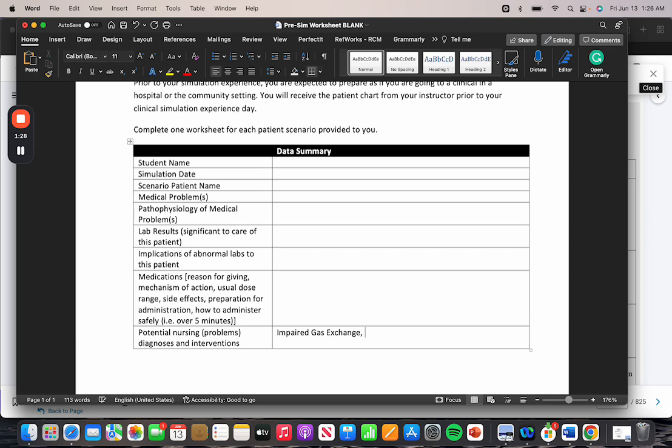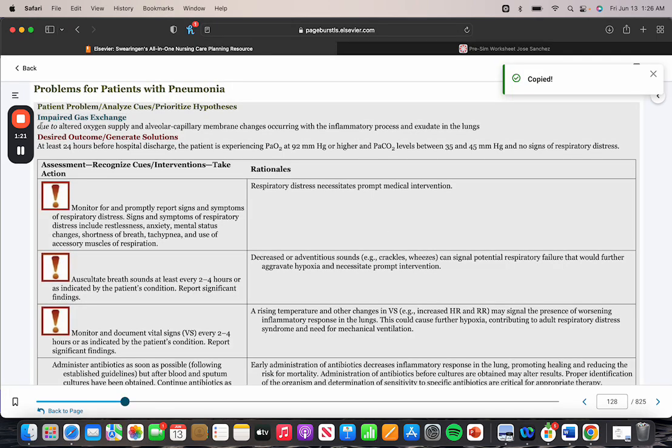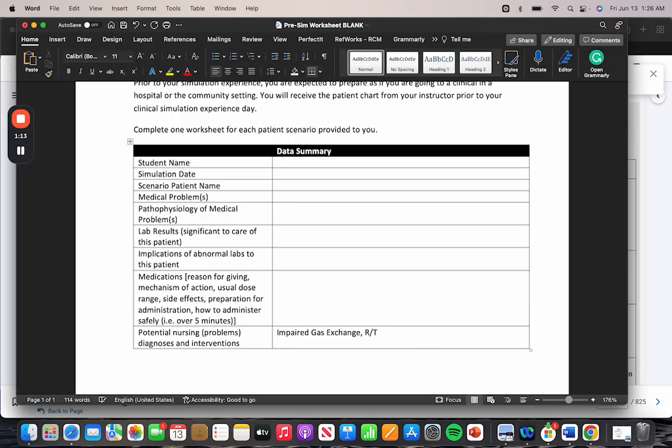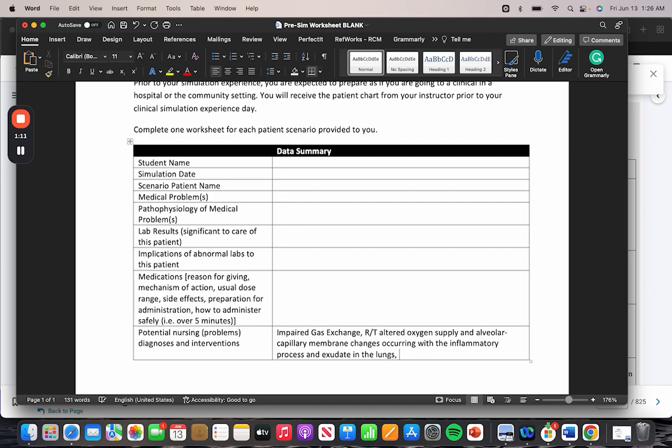The actual diagnosis, what it is related to, or what's causing it. Conveniently, that information is right below here. So I'll include that now. And then your third part is your evidence.